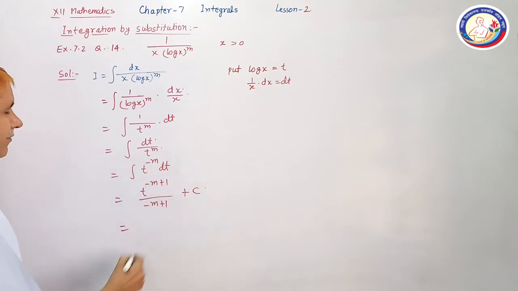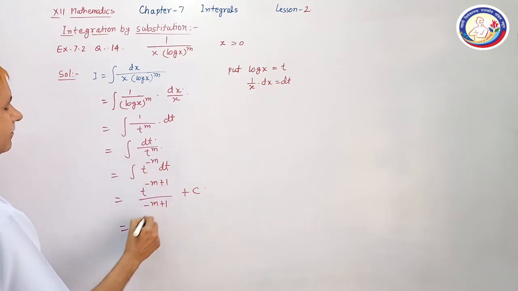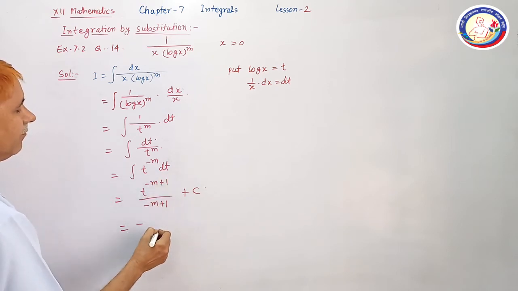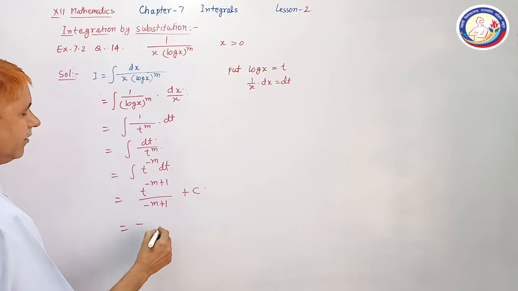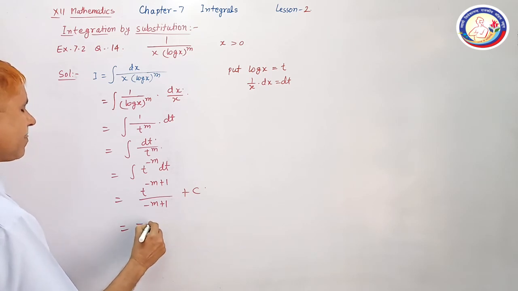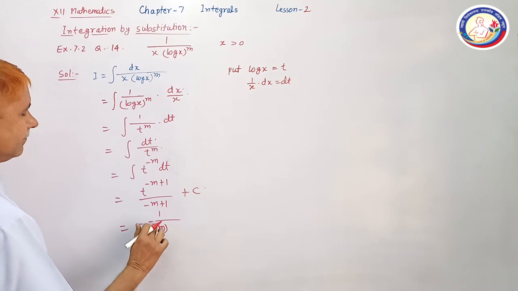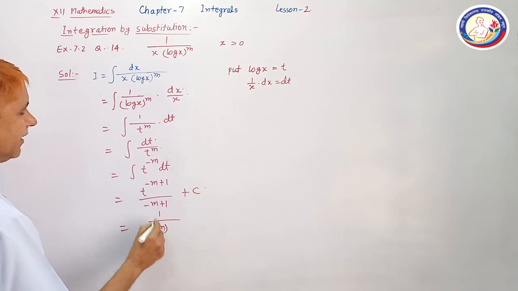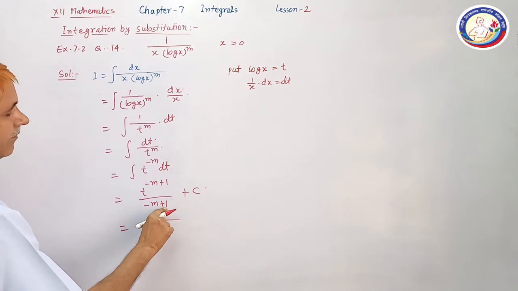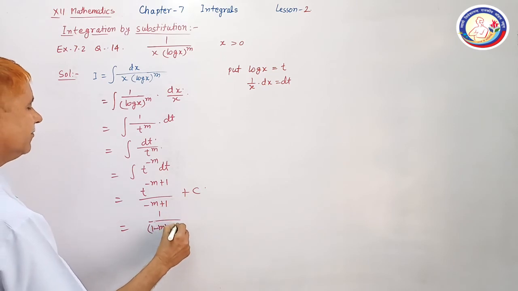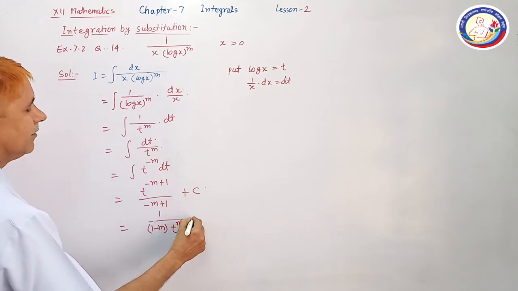and we will have minus of t raised to power minus m plus 1. We take it in the denominator, we will obtain 1 minus m, taking 1 at first place and then the second term minus m, and then t raised to power m minus 1, plus c.